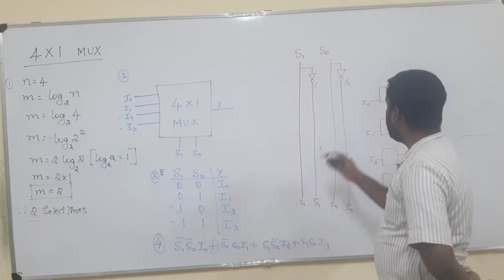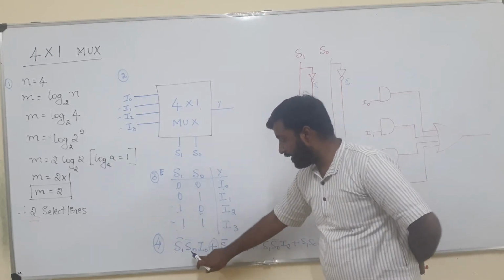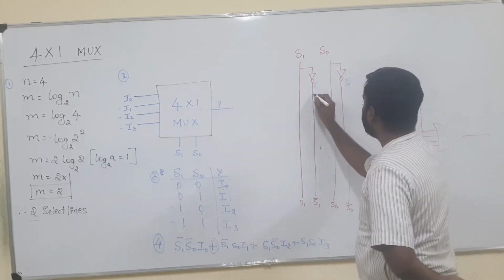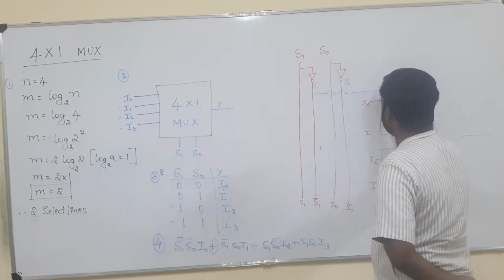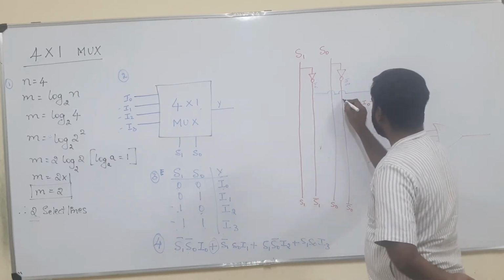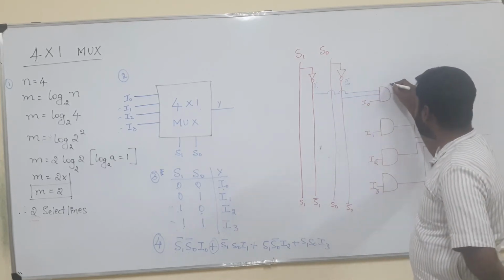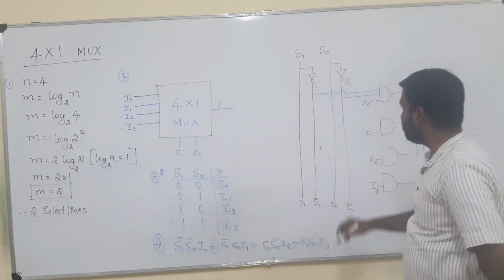Now first I'll be writing the equation for the first term, S1 bar, S0 bar with I0. I'll be taking S1 bar, then S0 bar with I0. So this is your first term. Next, S1 bar, S0, I1.